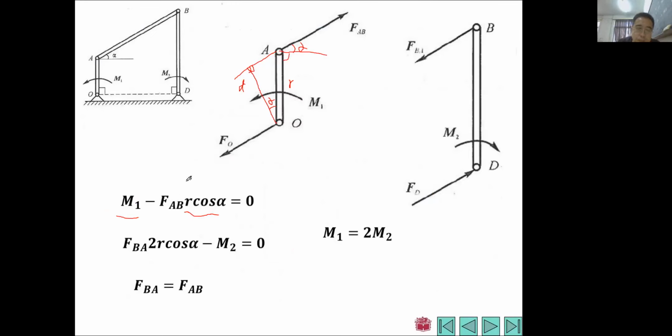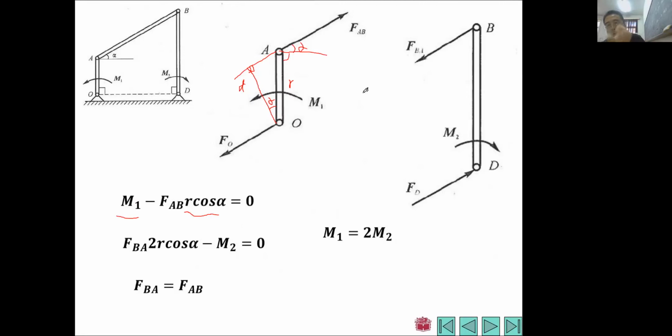And because we can find that this FO and this FAB will constitute a couple with clockwise direction, once again we can use our right hand. First step, we use four fingers along the OA direction, then we fold our four fingers along the FAB direction.